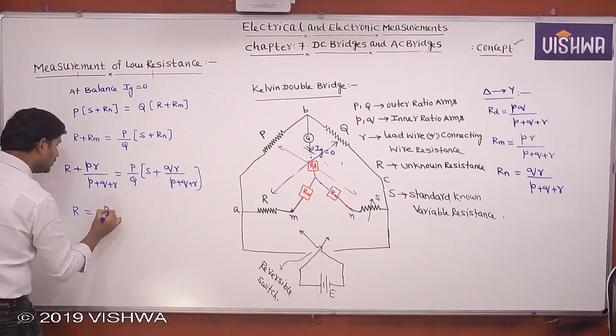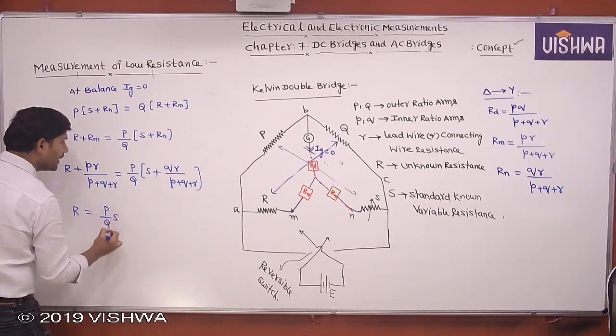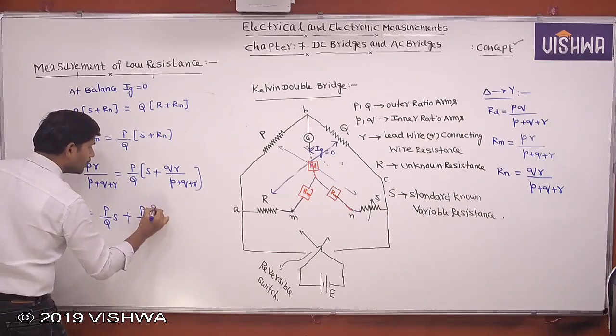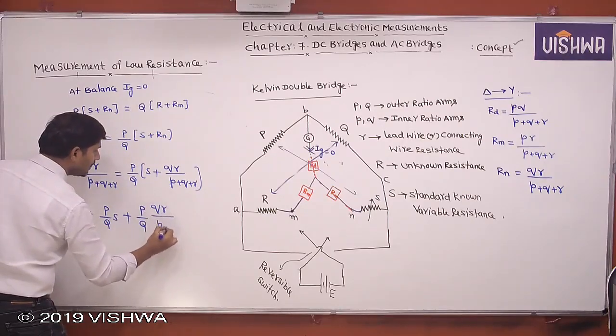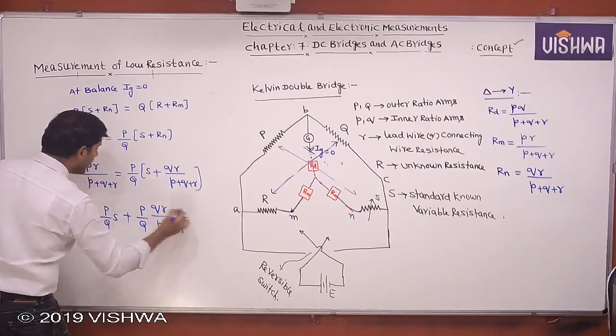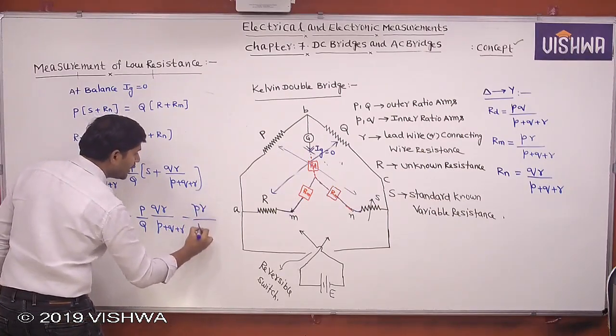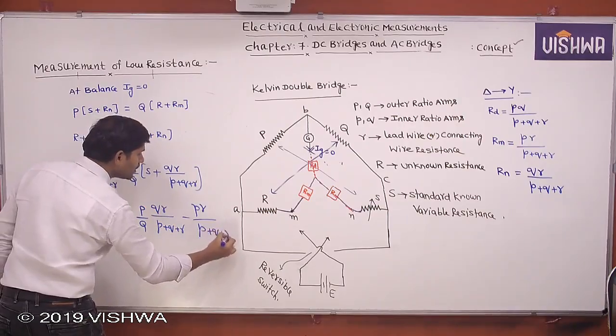R equals P by Q into S plus P by Q into QR by P plus Q plus R, minus, bringing this side, PR by P plus Q plus R.